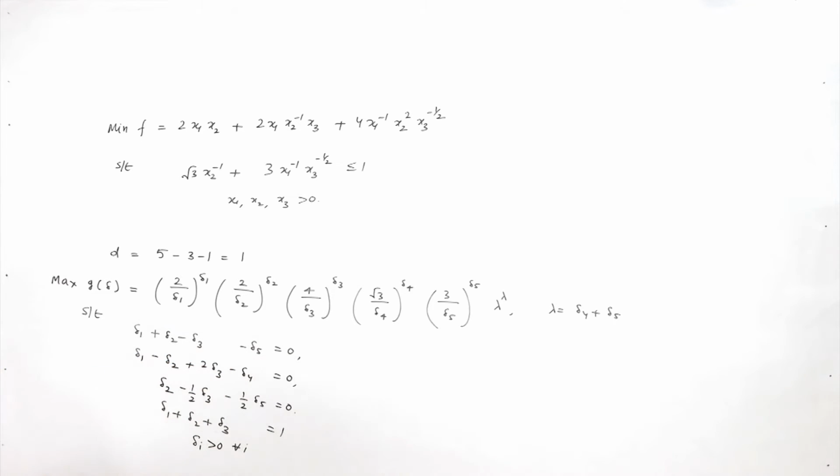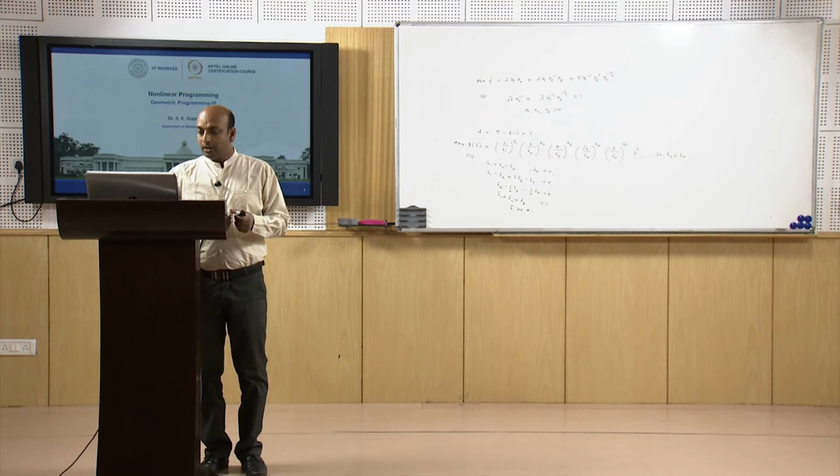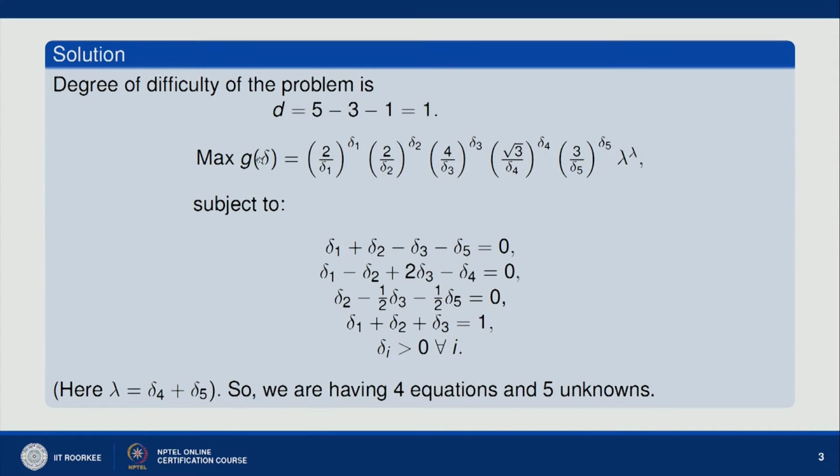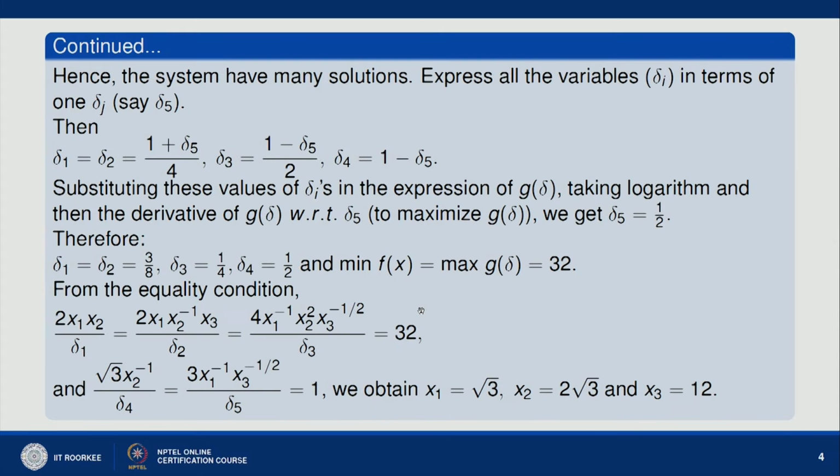As we have already solved this problem, you can see here we first find G delta. G delta is the same expression which we have discussed here, subject to these equations. So we have 4 equations with 5 unknowns here, and we will express all the delta i's in terms of delta 5.